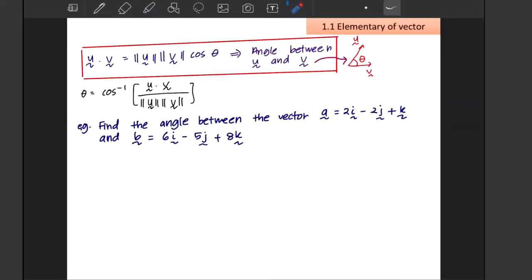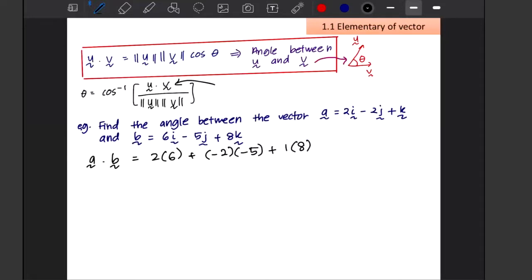Look at the example. Find the angle between vector A and vector B. So find the dot product first, because we want to find A dot B. A dot B equals 2 times 6, plus negative 2 times negative 5, plus 1 times 8.